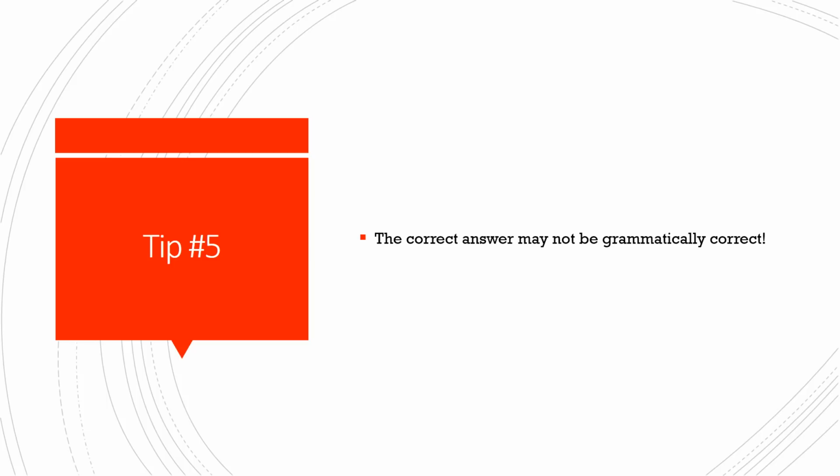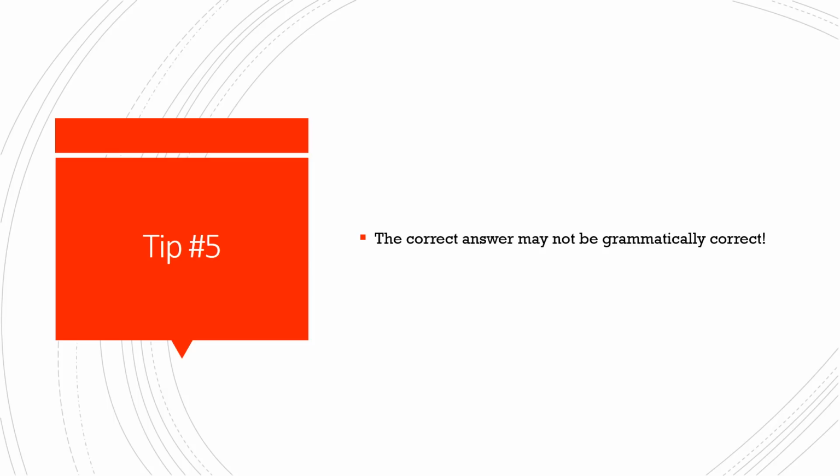But what I'm trying to say here is there could be certain questions wherein you may have an option that seems to be the correct answer, but you feel as if it is grammatically incorrect, and a grammatically incorrect option cannot be the right answer. That is not a criteria.